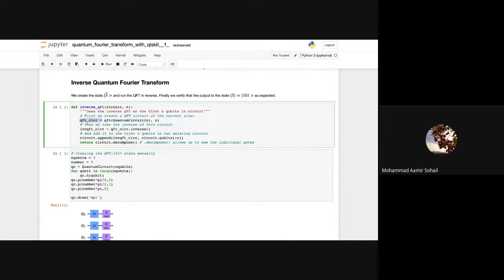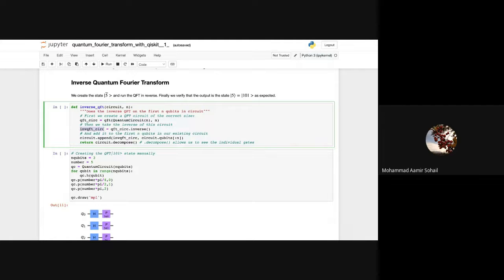So we can create a circuit which is this QFT, the quantum Fourier transform. And just to recall, we have a swap also in this QFT. So we have a complete function now in this QFT circuit. And then we have this inverse QFT circuit, which comes from taking the inverse of this above QFT circuit.